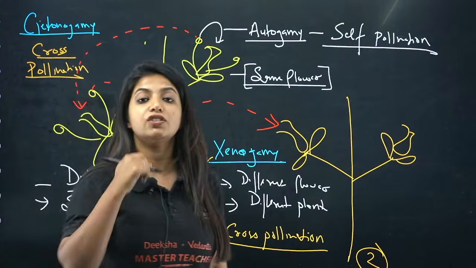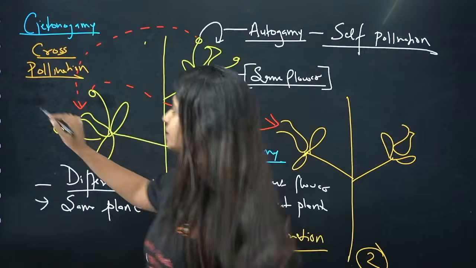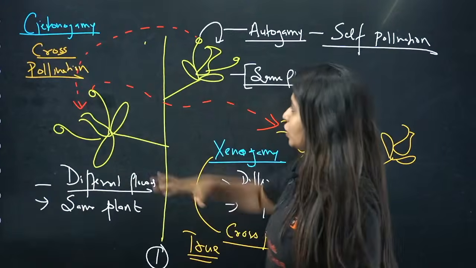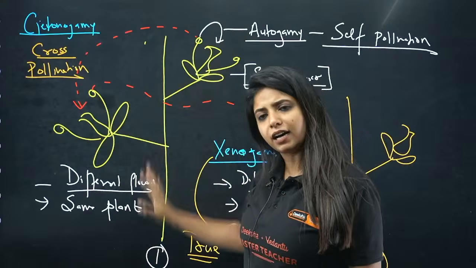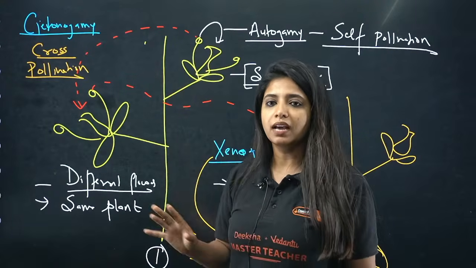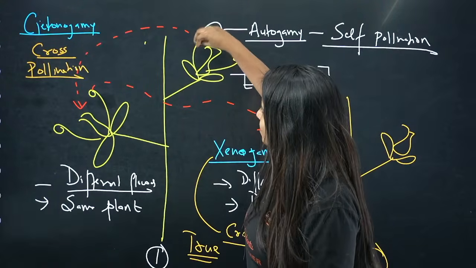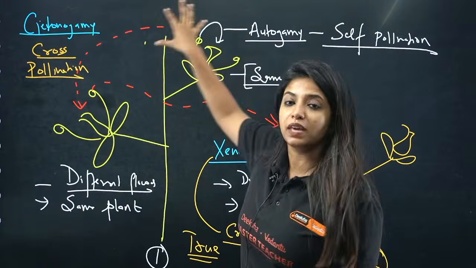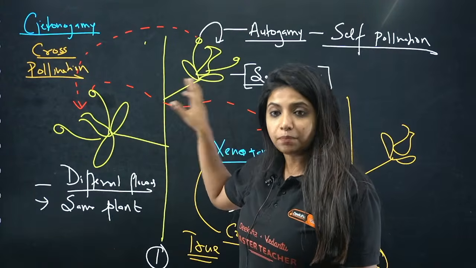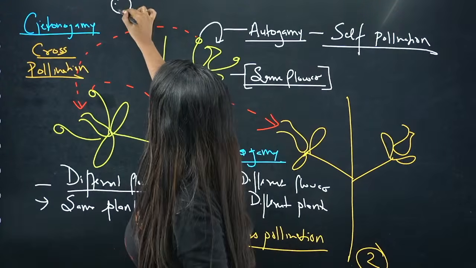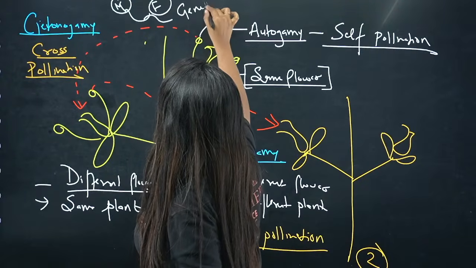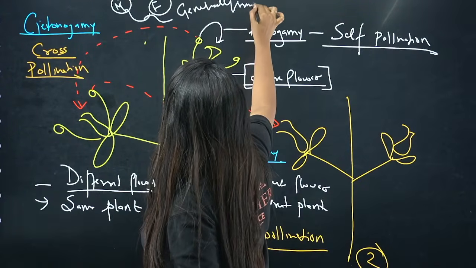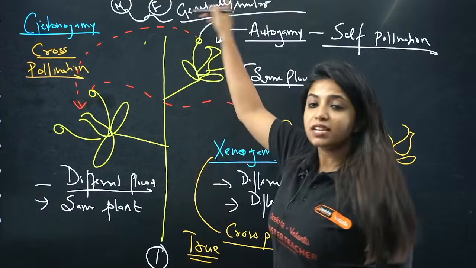Now, why do you say it's true or not? The reason being, listen, when you talk about a plant, different flowers or same flower, whatever you say, that means that it has the male and the female gamete being formed in the same plant. That means the male and the female gamete are going to be genetically similar because they are being produced by the same plant.